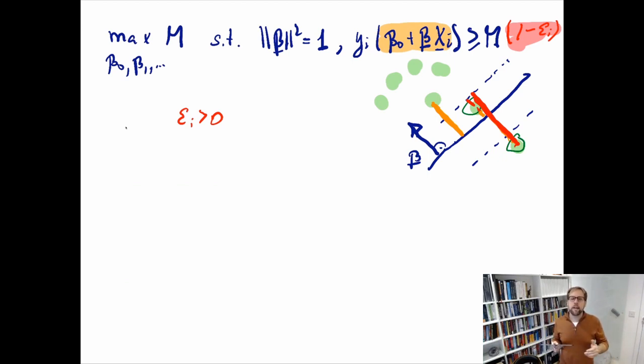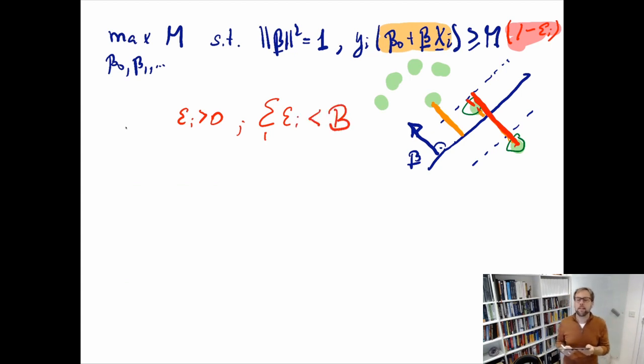But obviously, if I leave it with that, I can have as many violations as I like, and then obviously I get a very poor model. The idea is to further constrain it and say my total amount of violations should be less than some form of budget.